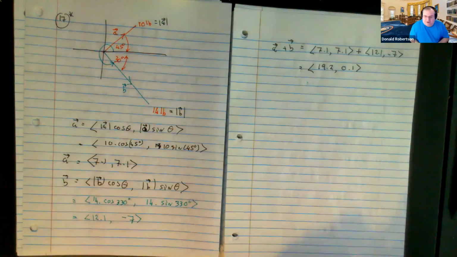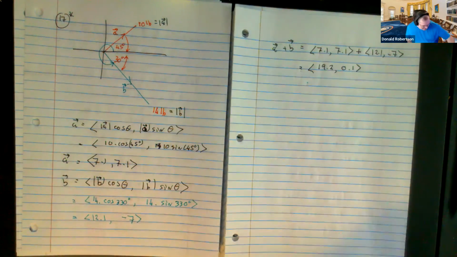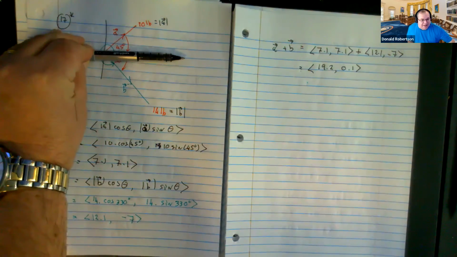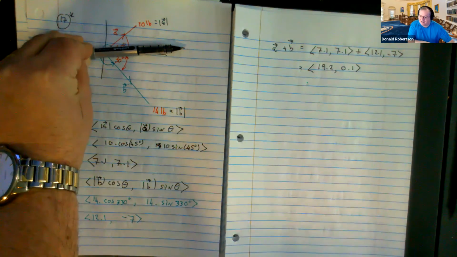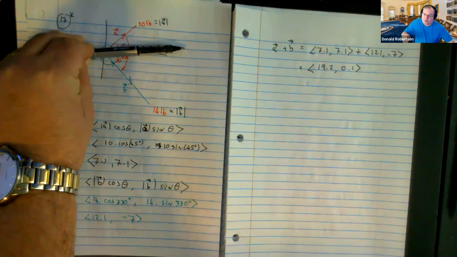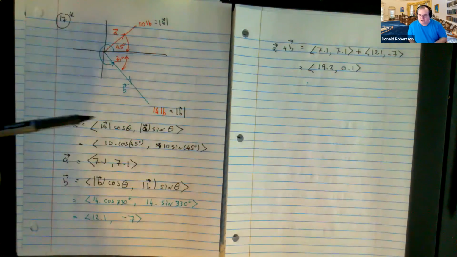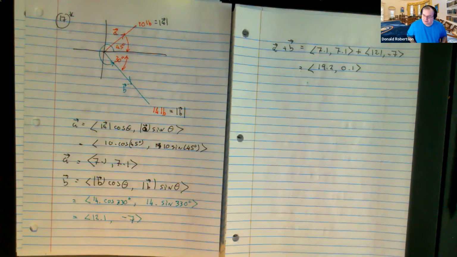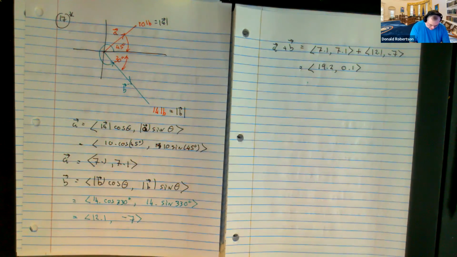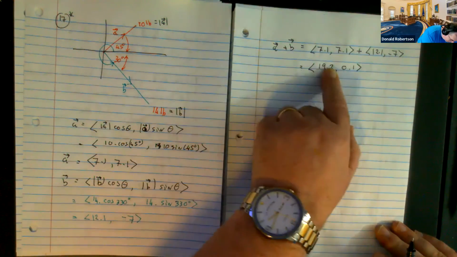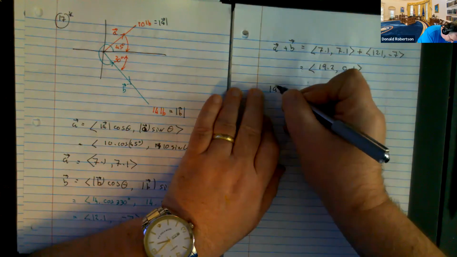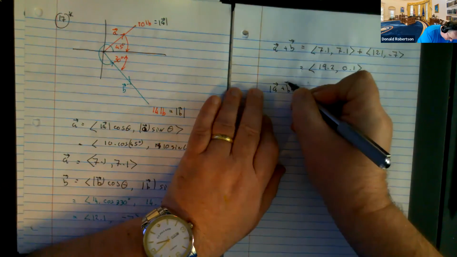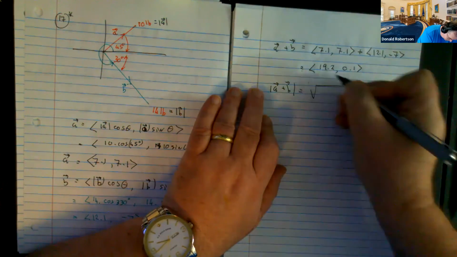Am I good or am I good? Isn't that just a tiny bit up the way? 19 and a bit along and 0.1 up. So that is the resultant force. The magnitude of that resultant force is the length of this vector.